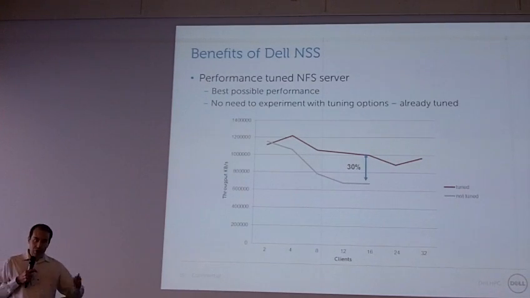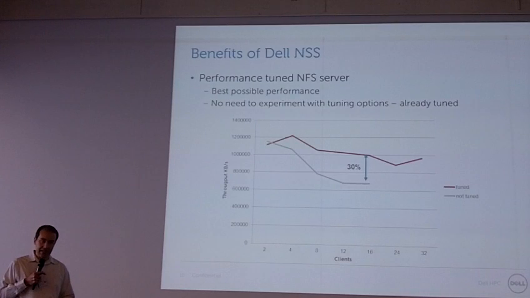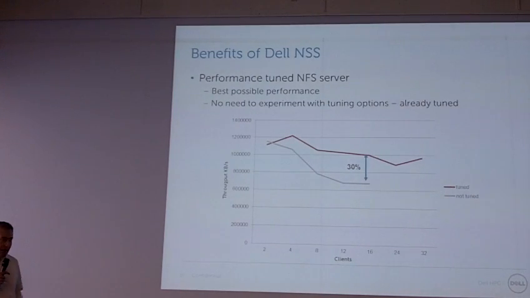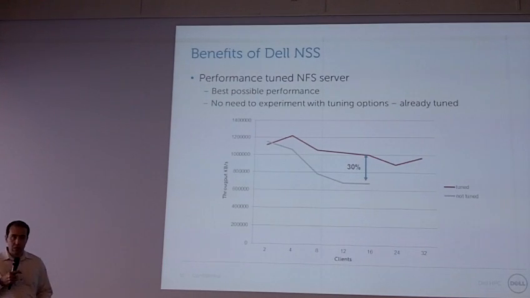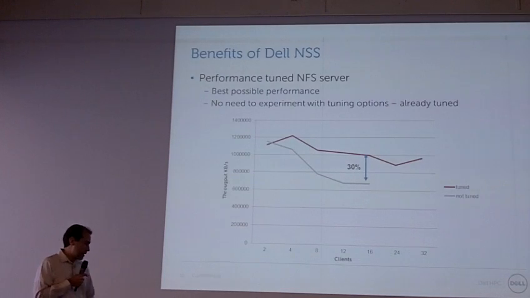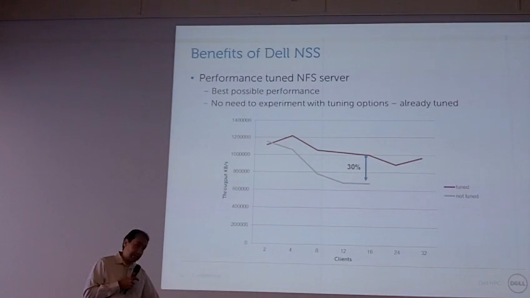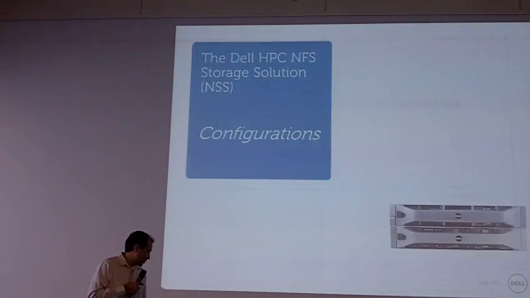And after doing all those studies, we implemented all the tuning options that we came up with, and saw that with the tuning options versus just using the default, we see up to a 30% performance difference. So this was quite good, and by implementing these tuning options, you could also enjoy similar benefits.